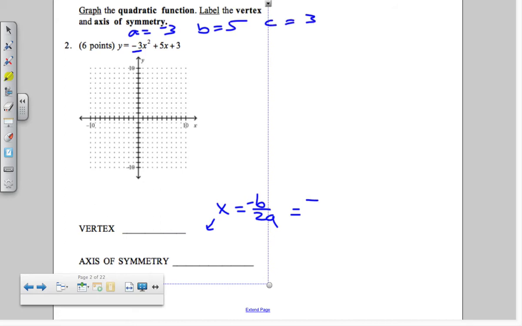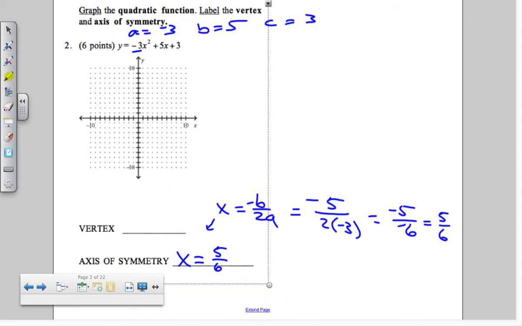So it would be negative 5 over 2 times negative 3. Do that multiplication in the denominator first. You get negative 5 over negative 6, which is 5 sixths. So the axis of symmetry is the line with equation x equals 5 sixths.